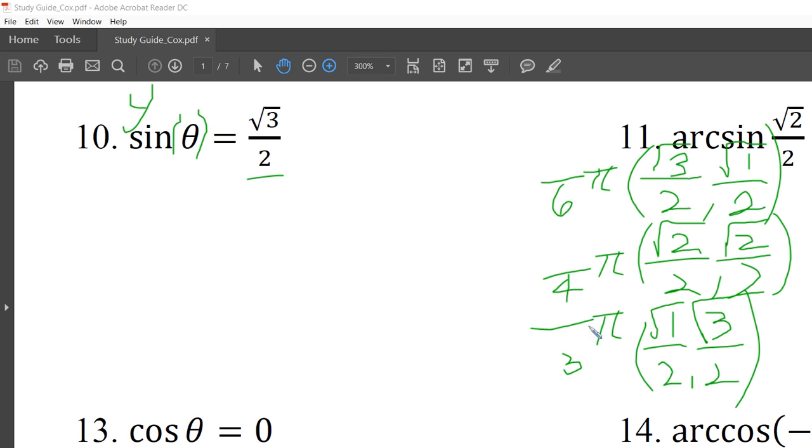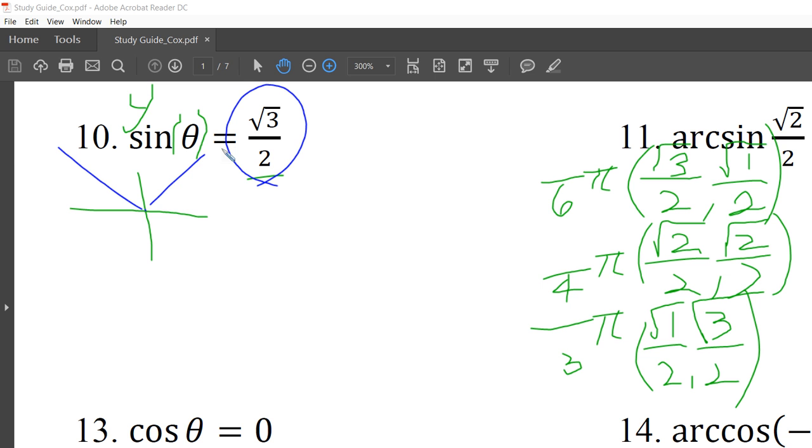But remember, the 2 golden questions you have to ask yourself. This question is asking, where do you get a y value of positive √3 over 2? So we know that on our quadrant, it's going to be a positive y-axis, which are here. And I drew it that way because I know it's √3 over 2, which means it's a triangle value.